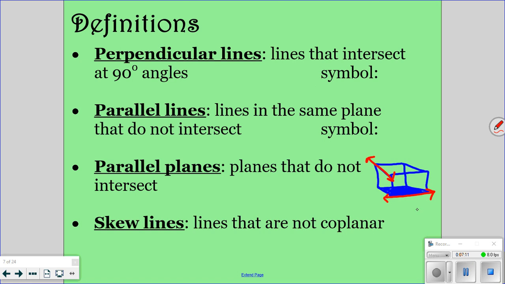Pick one on one plane, and then pick one. This would be a skew line. Another one would be here. And now if I kept this one going, it would look like they intersected right here, but that's only because it's a two-dimensional picture of a three-dimensional object. And so they do cross, but they don't actually intersect if you look at it as a three-dimensional object.